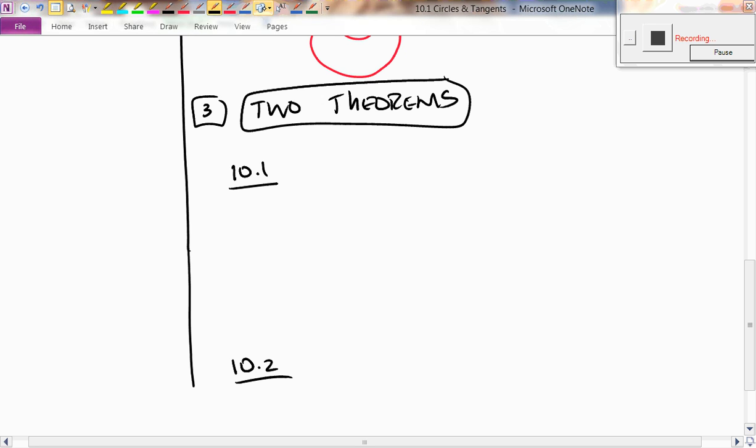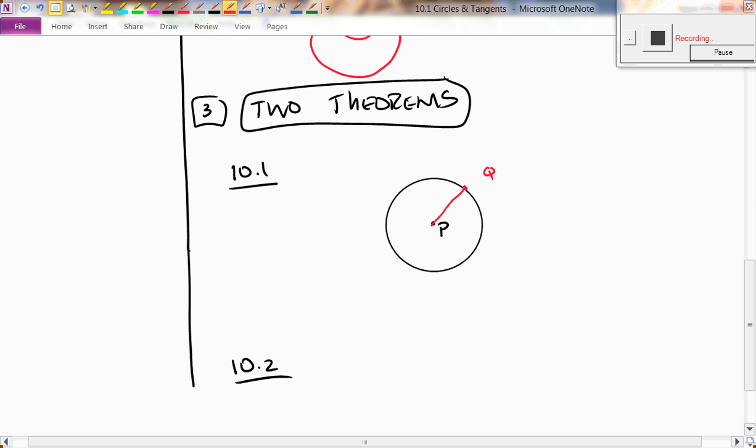Please give yourself a circle in 10.1, and let's call that circle P. We're going to have our center, and we're going to call that circle P. From circle P, please draw yourself a radius to the edge and call that point Q. So now we have a radius PQ.